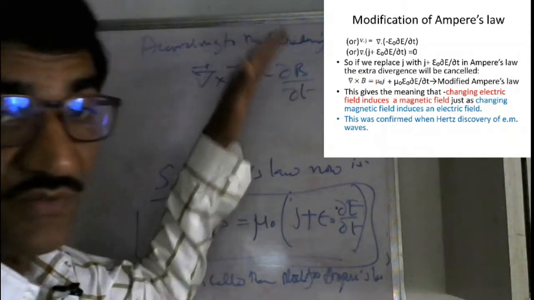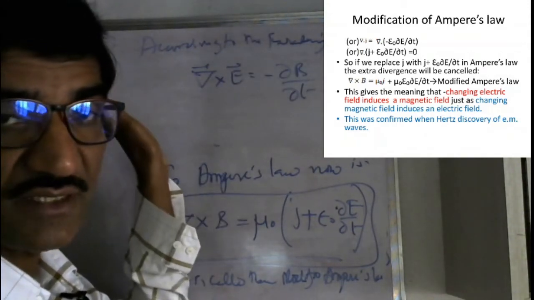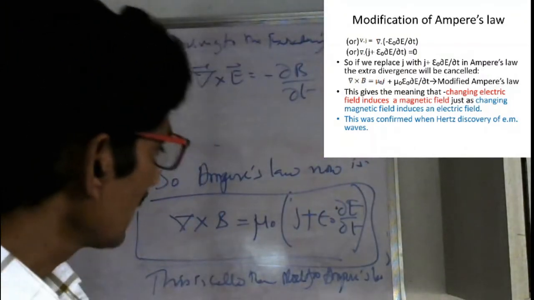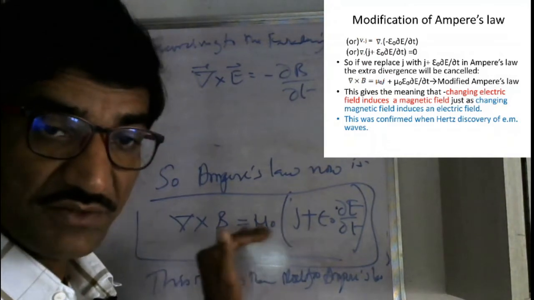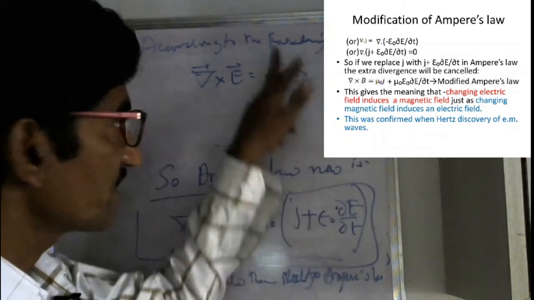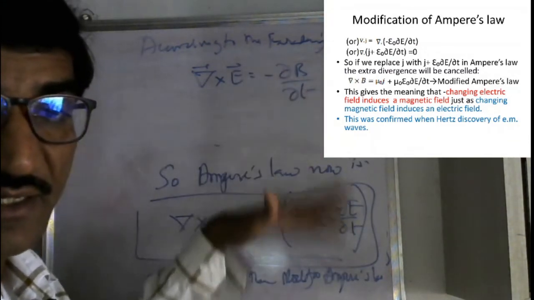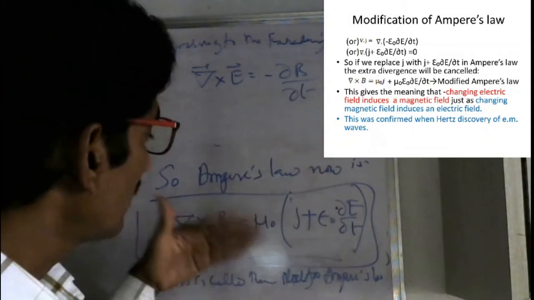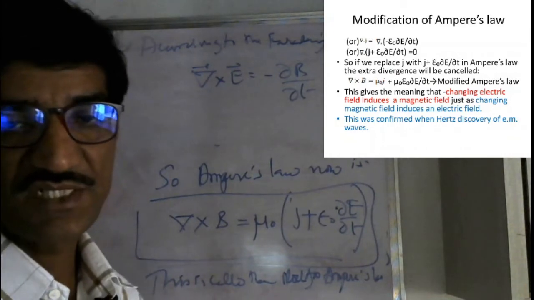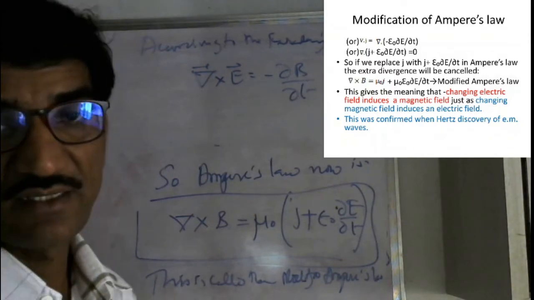That means variations in the magnetic field are inducing electric field. Here, according to this modified Ampere's law, on this side you have dou E by dou t instead of dou B by dou t. That means variations in the electrical field are creating or inducing the magnetic field. This is just the converse of Faraday's law.